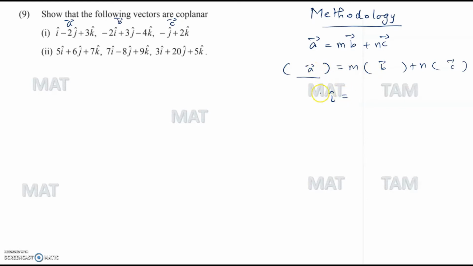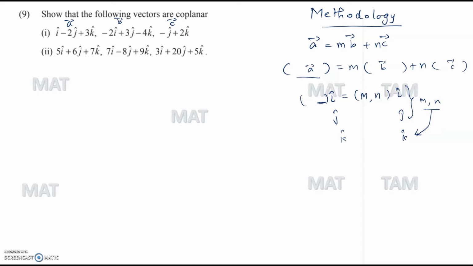The coefficient of i cap on the left equals the coefficient of i cap on the right side, which will have both m and n, and we equate them. Similarly, we get equations for j cap and k cap. We can solve two of these equations to find m and n, then substitute the values of m and n in the third equation, and if they satisfy it, then the three vectors are coplanar.